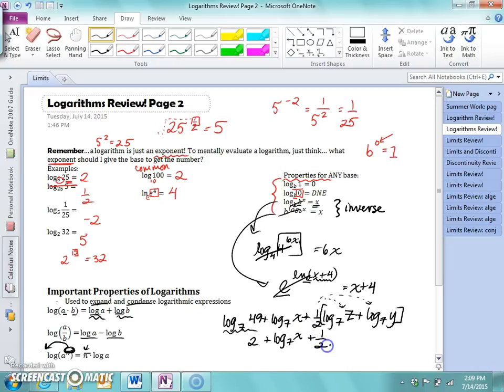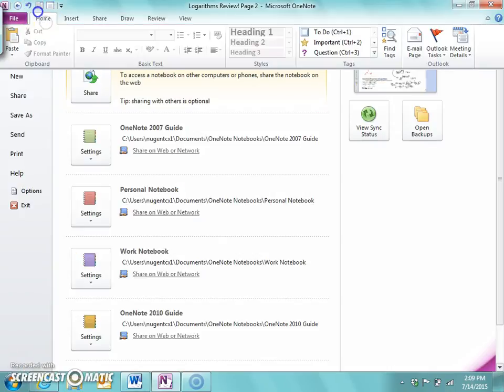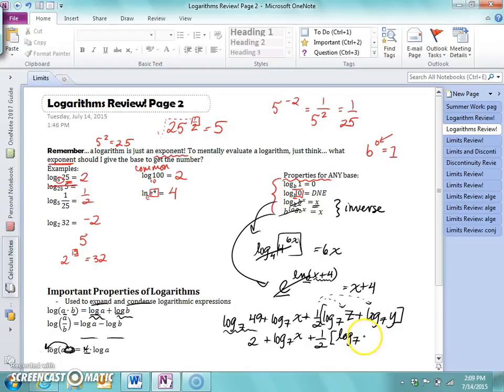So that means I still have 1/2 here times the quantity log base 7 of. Notice the bases are the same here. And I'm adding log base 7 of z plus log base 7 of y. So that means I can take the two logarithms and multiply z and y.